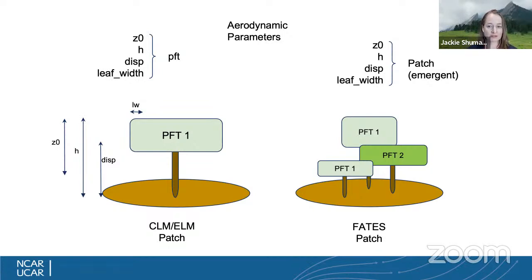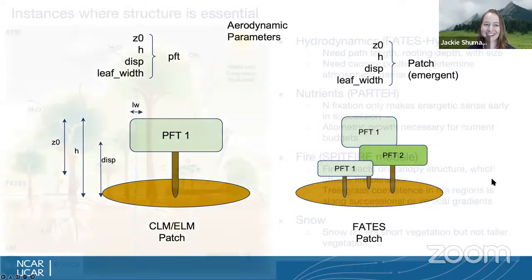But within FATES, we have a heterogeneous patch. And so that information, depending on the process you're talking about, is going to be emergent from the structure on that patch. Fundamentally, if you're thinking about canopy turbulence, you're going to get a different picture when you consider this heterogeneous canopy. And this is an area that is in need of development. So if you're interested in this, please get in touch.